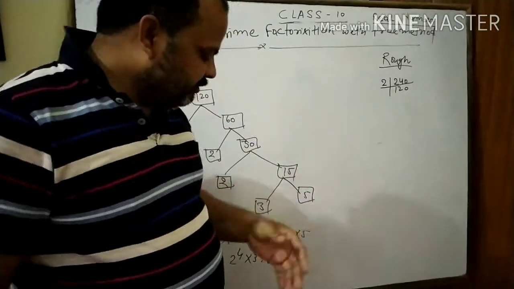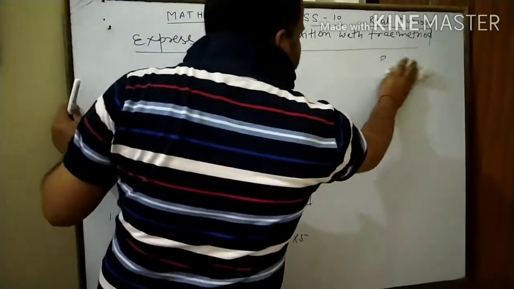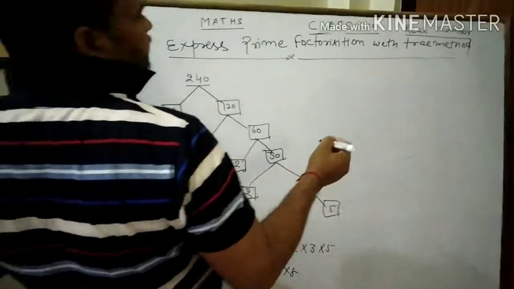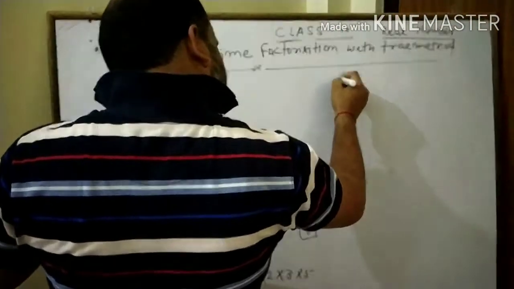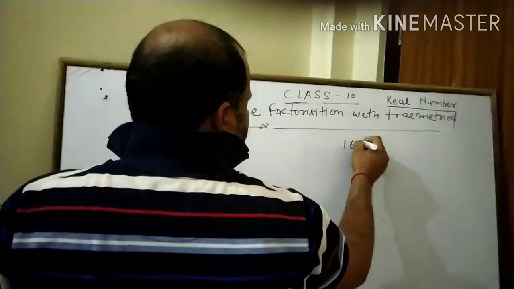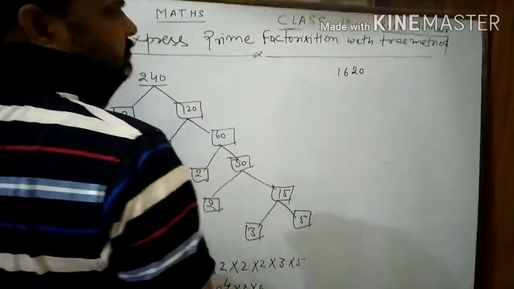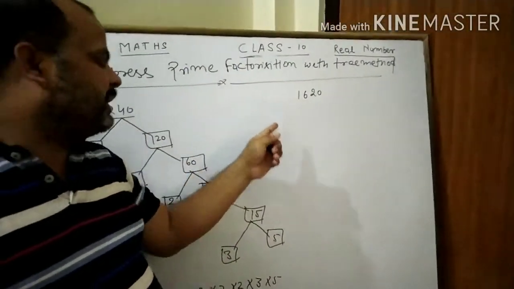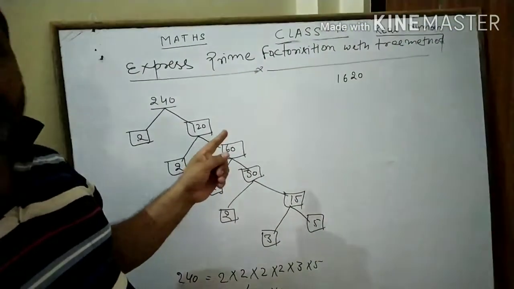If you have any doubt, see one more question. Suppose 1620 is a number and we express it in prime factors with the help of the tree method.